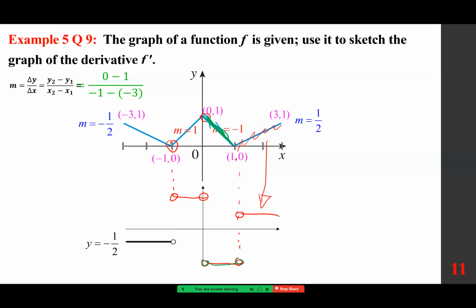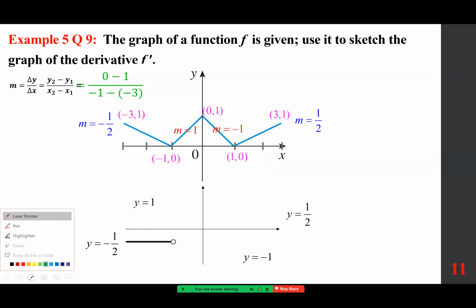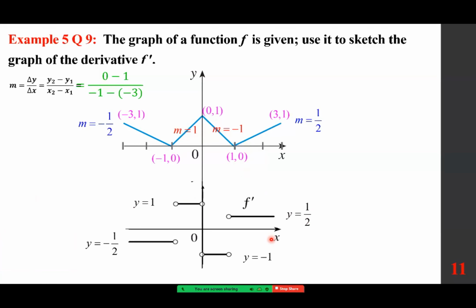So that's the graph. Let me clean up the mess. So those are the lines we need, and we are going to cut them into line segments because they stop here. So those are the line segments. At the endpoints, they're all having holes because they are not differentiable due to the fact that the endpoints are all sharp corners. Sharp corners, everybody.